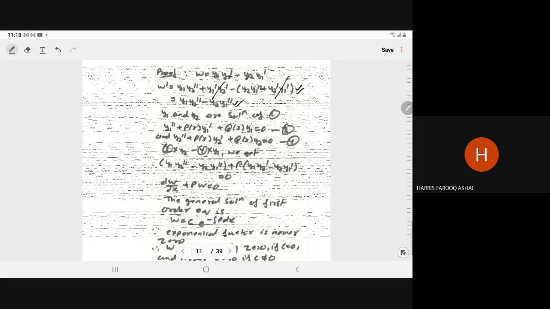Now y1 and y2 are the solution of the first. It means it satisfies the equation.